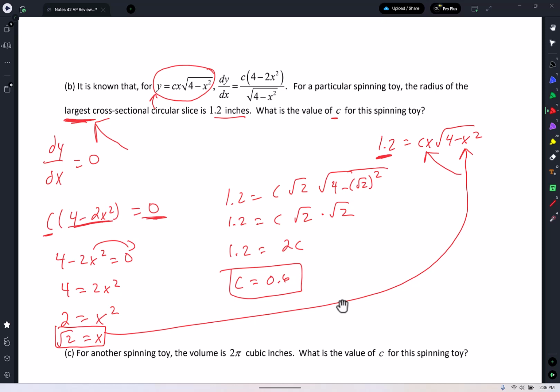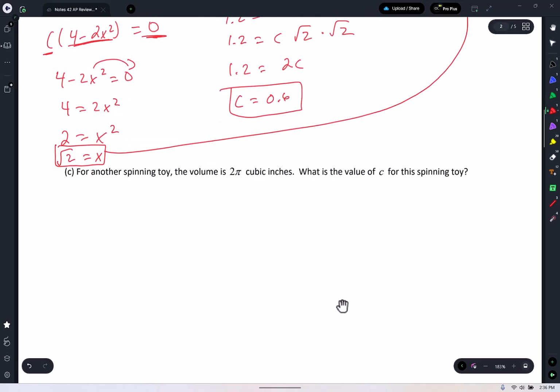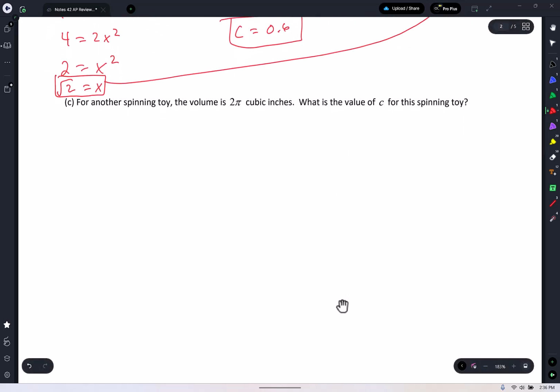If I want the largest, that's wherever the derivative goes from positive to negative. So we do that for the max, but we're trying to find C, which is in the equation. Yes. Okay. Letter C. All the C's.